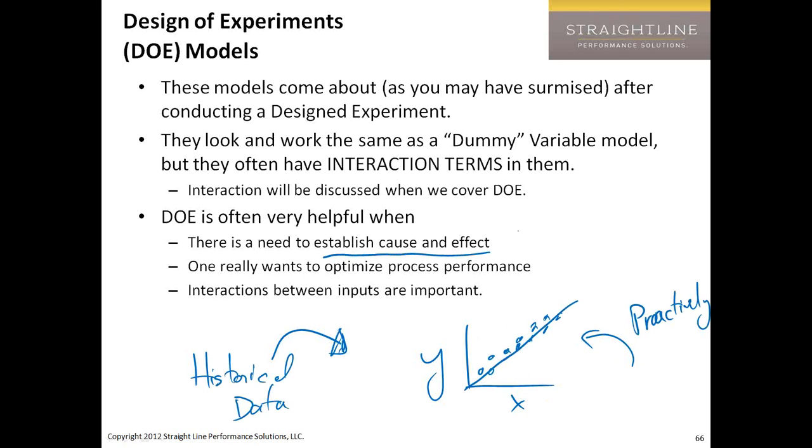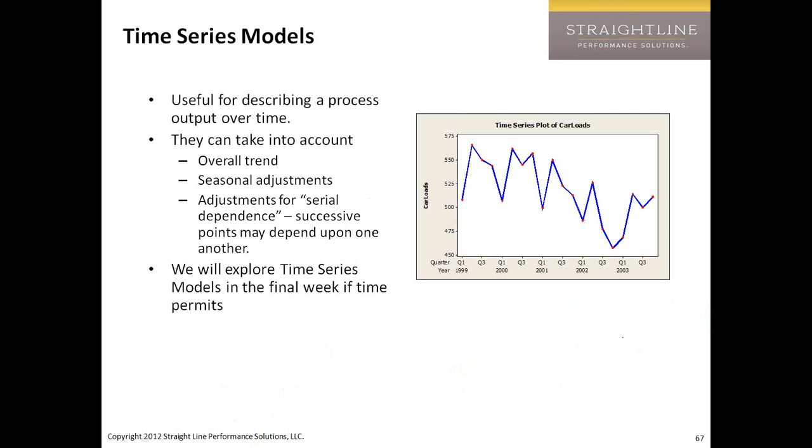The second thing is that if we have multiple X's, we can actually determine if they interact with each other. That might be very helpful in a drug study or in many studies where certain X variables interact with each other to create a synergistic effect in Y or an anti-synergistic effect in Y. Finally, I would be remiss if I didn't mention that many time series models are out there.